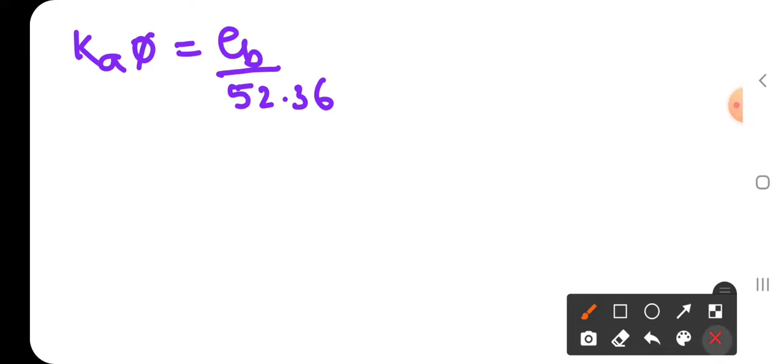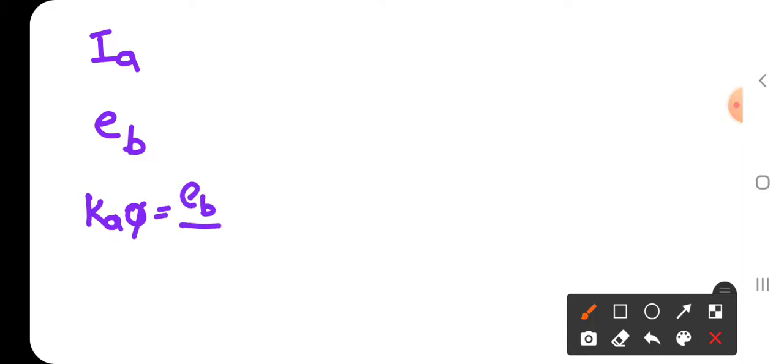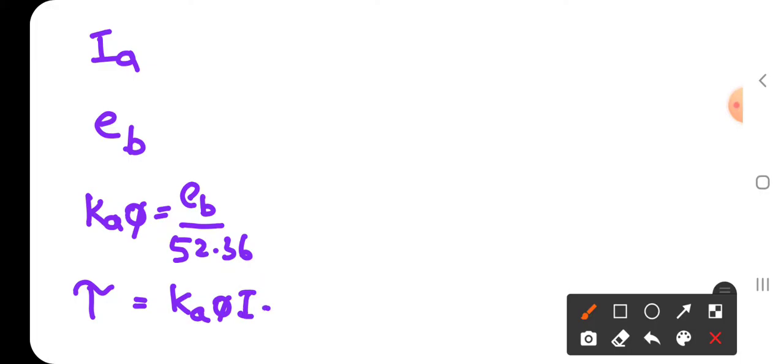What are the values he has given? Ia is given, Eb is given, Ka phi we can find as Eb by 52.36, and torque tau is equal to Ka phi into Ia.